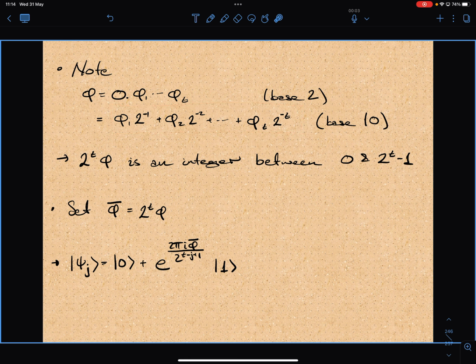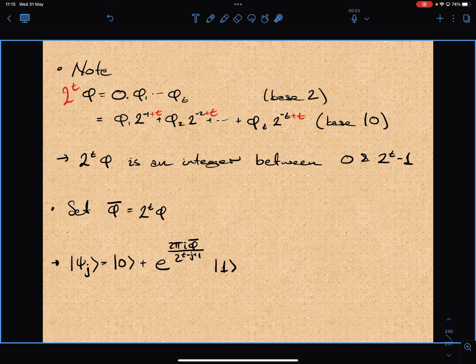If we multiply everything by 2 to the t, we see that this number is going to be an integer between 0 and 2 to the t minus 1. I'm going to call this number phi bar.